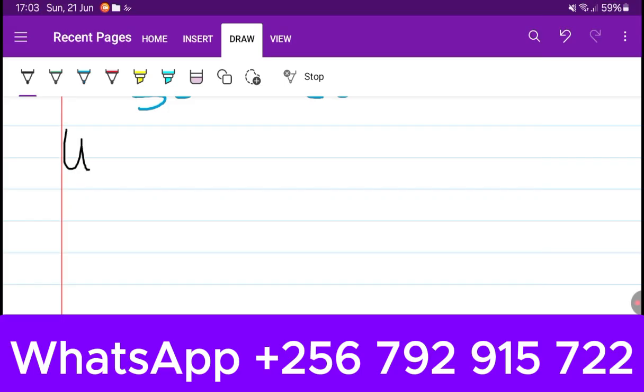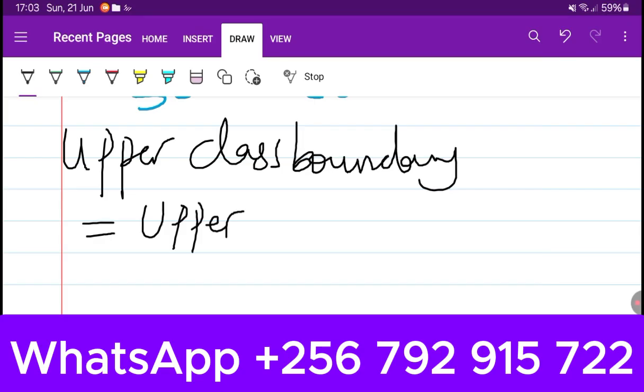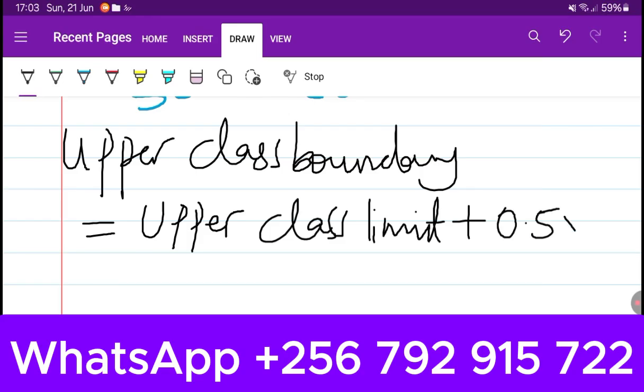For the upper class boundary, you get the upper class limit plus 0.5 times d, and this d represents the size of the difference.